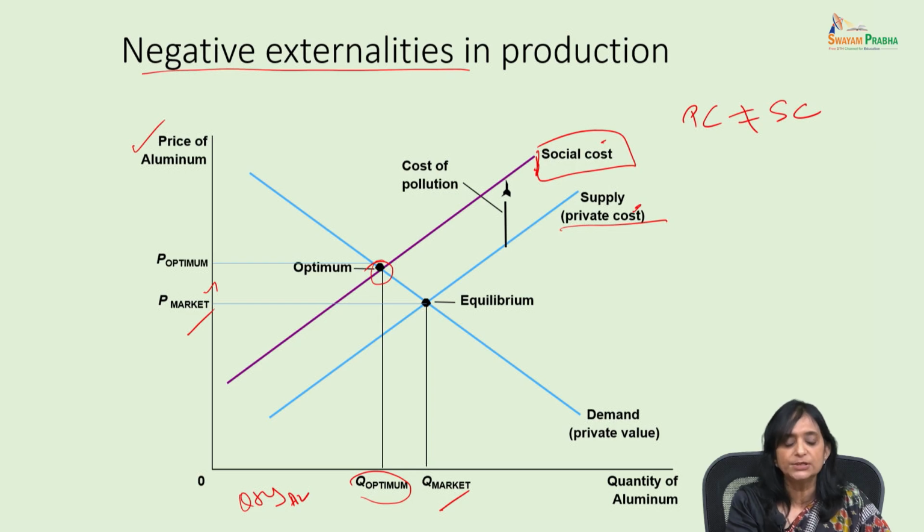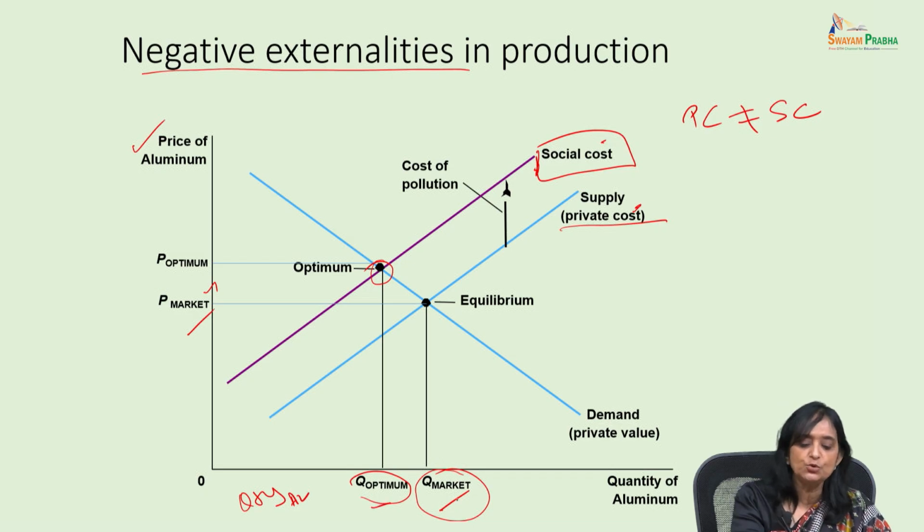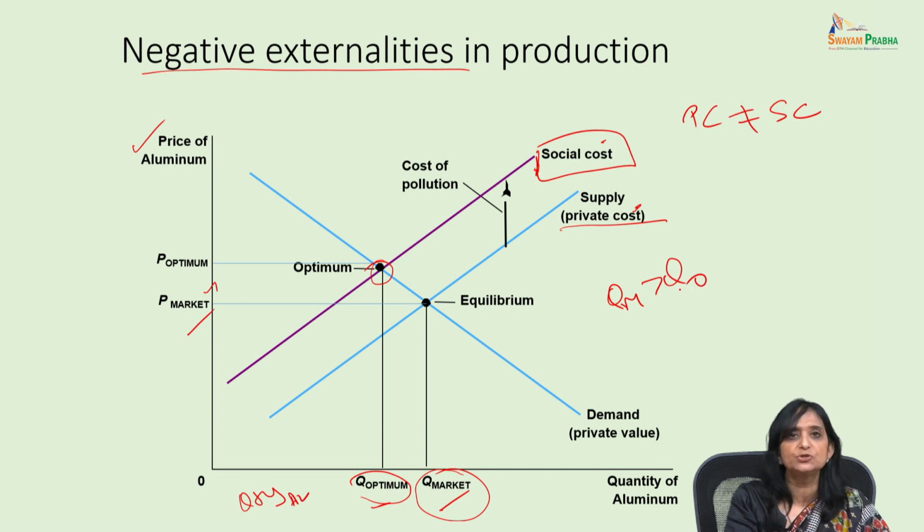In other words, because of this externality, we are seeing overproduction happening. Because production of aluminium is causing pollution, the society would desire less aluminium production. But we are producing QM, which is greater than the optimal quantity.